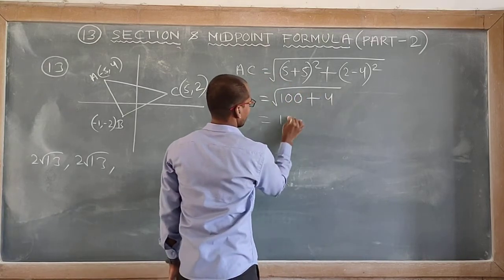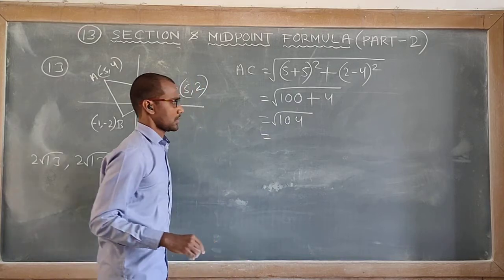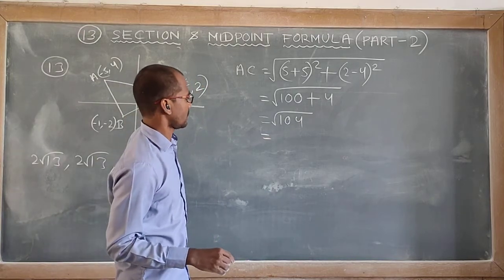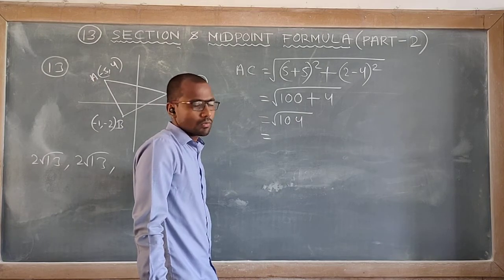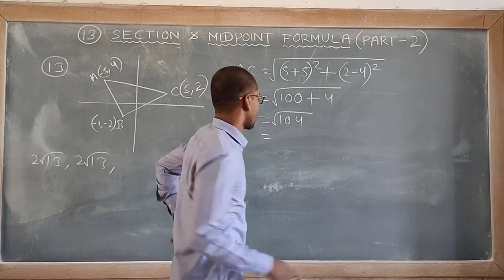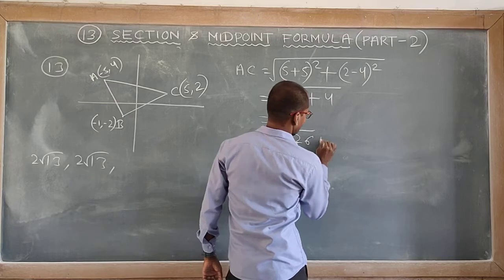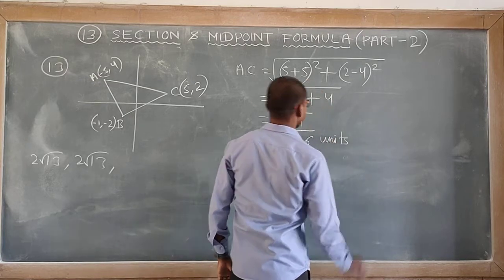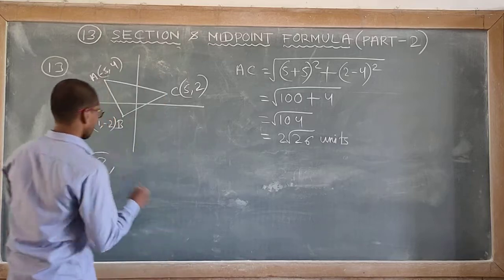Square root of 104, which is 4 into 26, 2 into 13, 2 root 26 units.